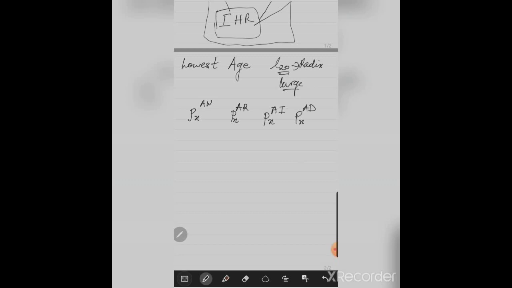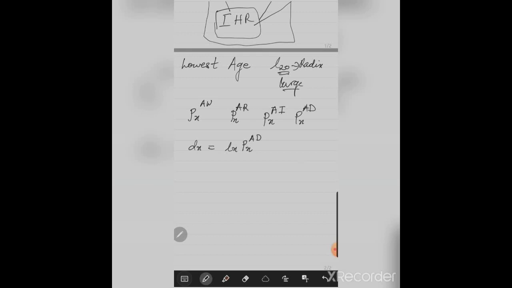I can find out these probabilities based on estimation and graduation, smoothing all these probabilities. From there, I can compute my dx, which is nothing but lx times px^ad, where d is for death.